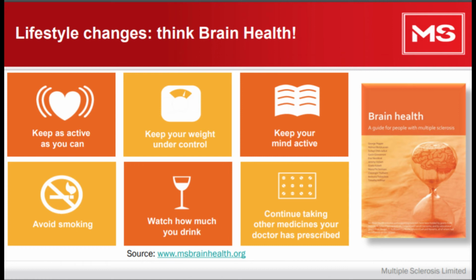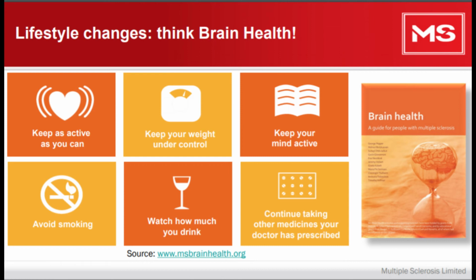Watching how much you drink, because obviously unsafe levels of alcohol have a very negative effect and higher mortality for people who have MS. And then also just making sure you're looking after your whole health. So if you do have high blood pressure or diabetes, etc., just making sure that you're looking after any other, what we call comorbidities, that are happening, so that they continue to be well managed.